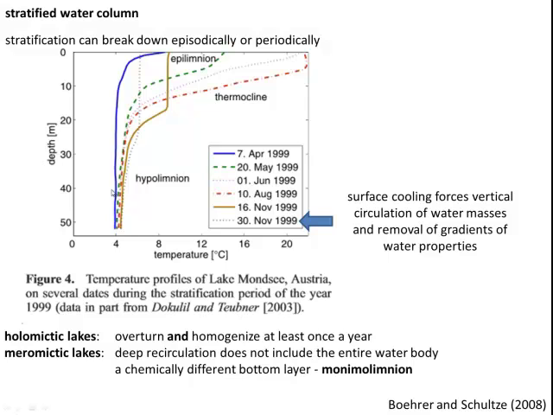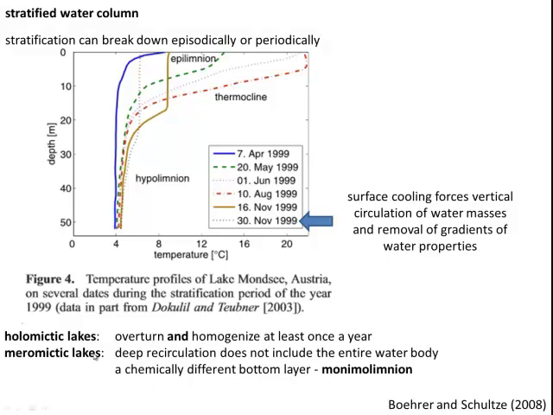And then as you cycle through into the early part of the year, you see a situation where the thermocline is effectively gone. It then builds up, is at its peak, and then collapses rapidly again. If you have a lake that overturns and homogenizes at least once a year, it's holomictic.